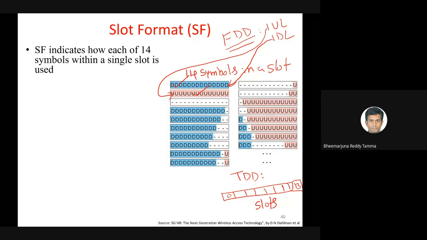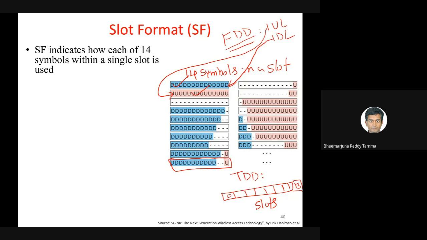That you won't be doing because sometimes with real-time traffic and URLLC traffic and reliable traffic, you want to get the acknowledgement. When you want to get acknowledgement, at least you should have something like this. Look at this case. What this means is that out of 14 symbols, in this case, 11 symbols are configured for downlink and one symbol is configured for uplink.